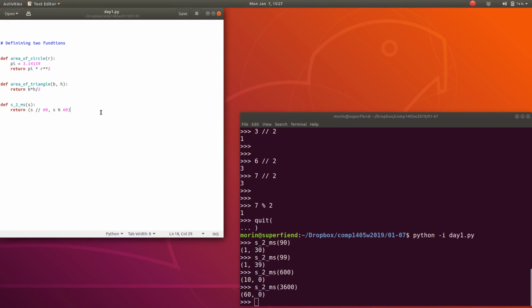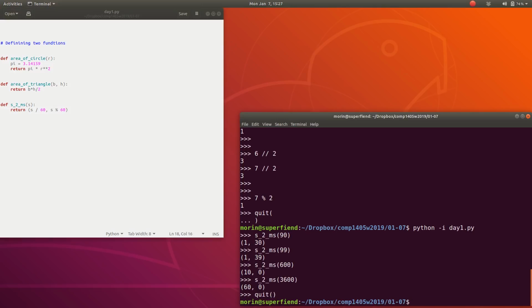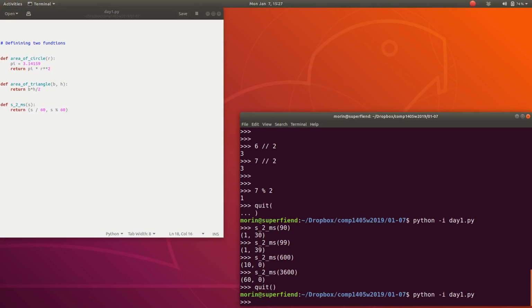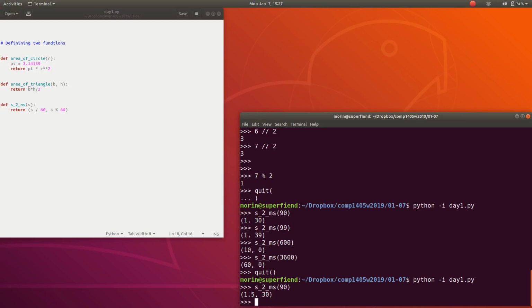Okay? Yeah? The double forward slash is this integer division. Because if we just did a single slash 60, we can try it. Then that first result becomes 1.5, which is not really what we wanted.